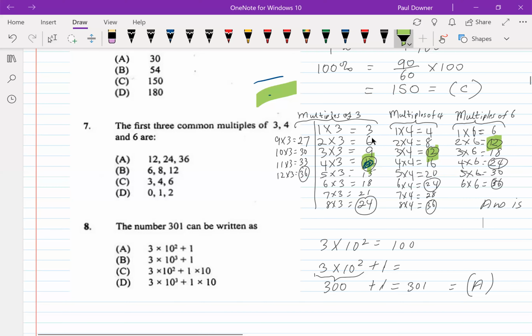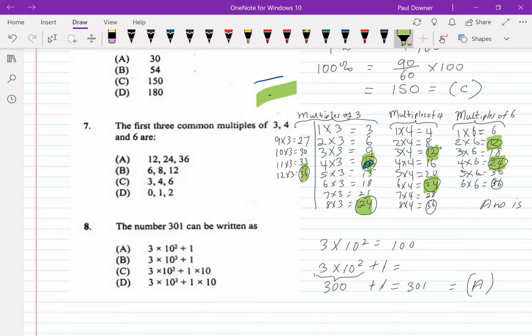Then let's go on. If you continue down, you'd realize that when you reach 8 times 3, you're going to get 24. You're going to get 6 times 4, 24. On this one, 4 times 6, 24. So that'll be the next common multiple, right? And then finally, if you continue doing multiples of 3, you will get 36 here.